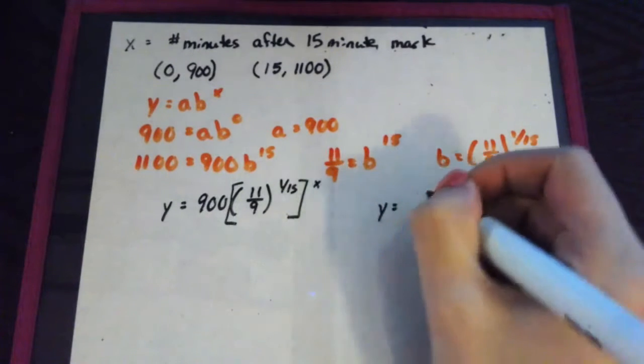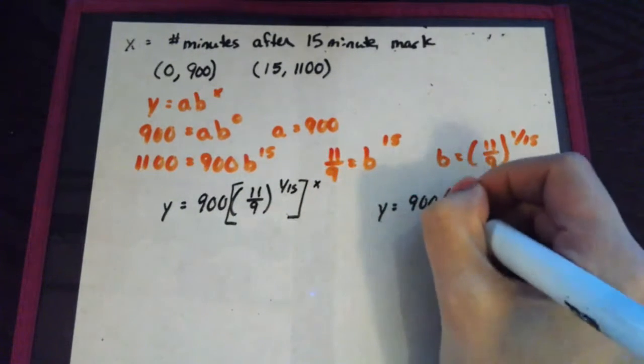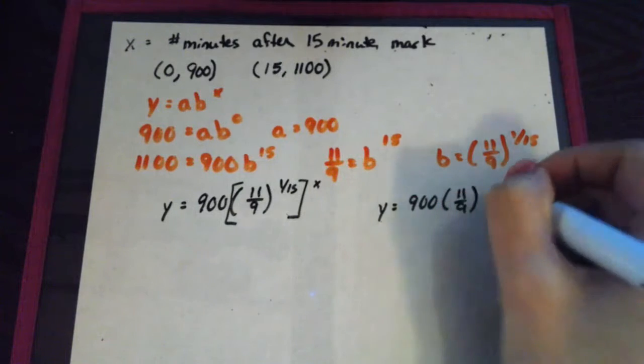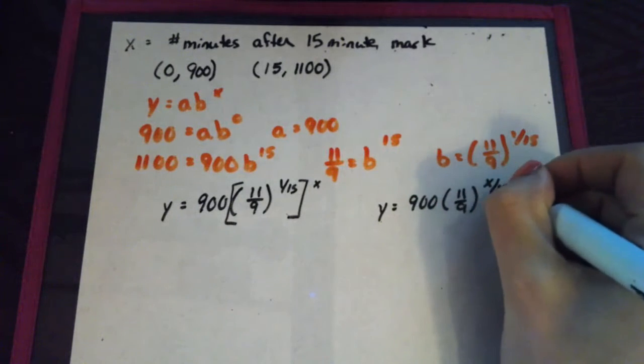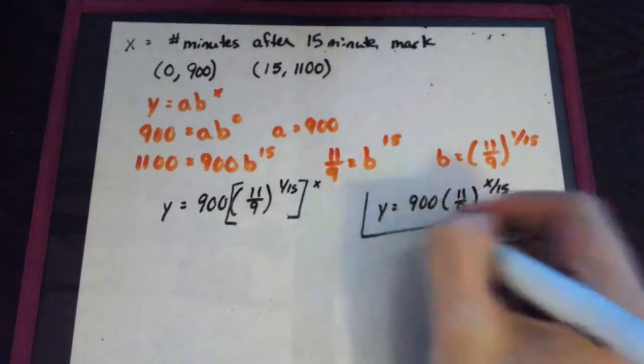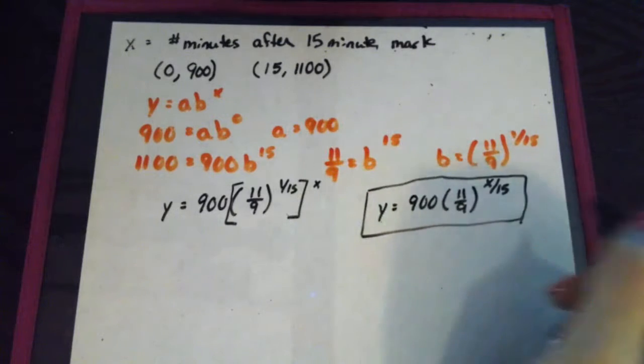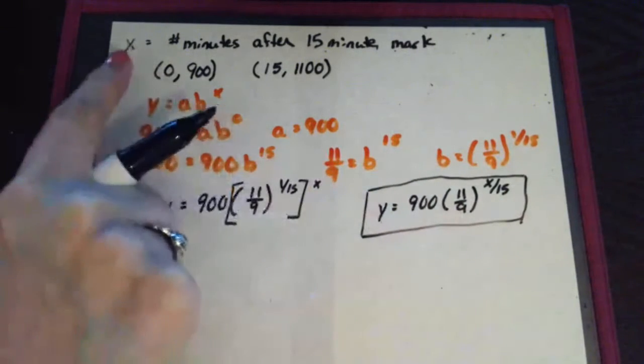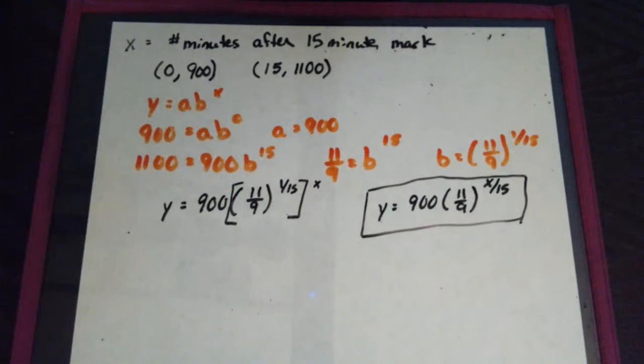So really I can write this as y equals 900 times 11/9 raised to the x over 15. That's the equation I'm going to be using, and I have to remember that x is the number of minutes after the 15-minute mark. So the first question asked, what was the initial size of the culture?